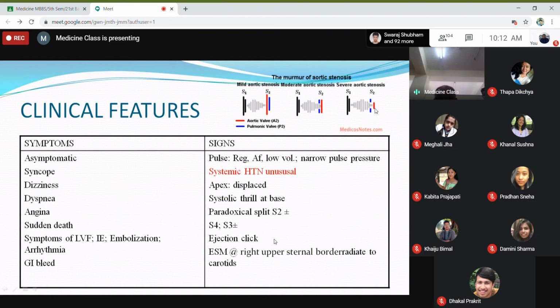So as the severity increases, there will be a paradoxical split of the second heart sound, and you will have a systolic murmur. This is also called a crescendo-decrescendo murmur, and it is generally best heard at the upper sternal border, and it radiates to the carotid artery as well.